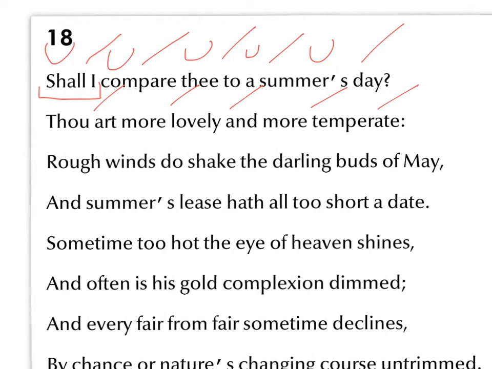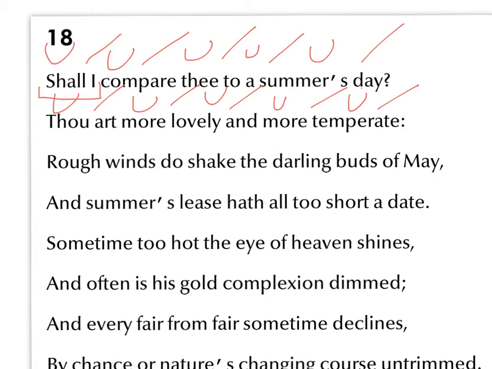Our unstressed syllables would be thou, art, more, lovely, and, more, temperate. Just like that. Now what I want your group to do is go through each line and try to figure out the stressed syllables and the unstressed syllables. They should all follow this pattern.